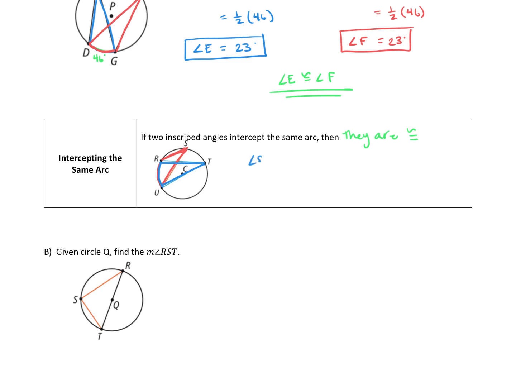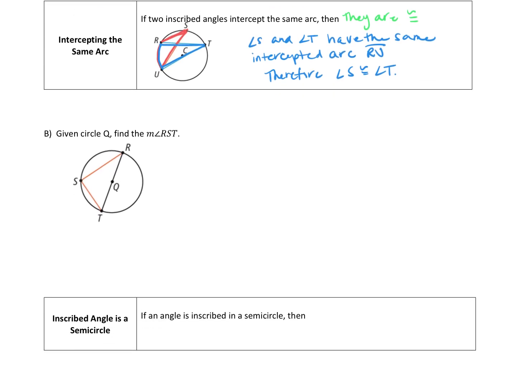So angle S and angle T have the same intercepted arc, RU. That's the intercepted arc that's the same. Therefore, angle S is congruent to angle T. So if you ever notice that two inscribed angles have the same intercepted arc, we may conclude that the angles are congruent.